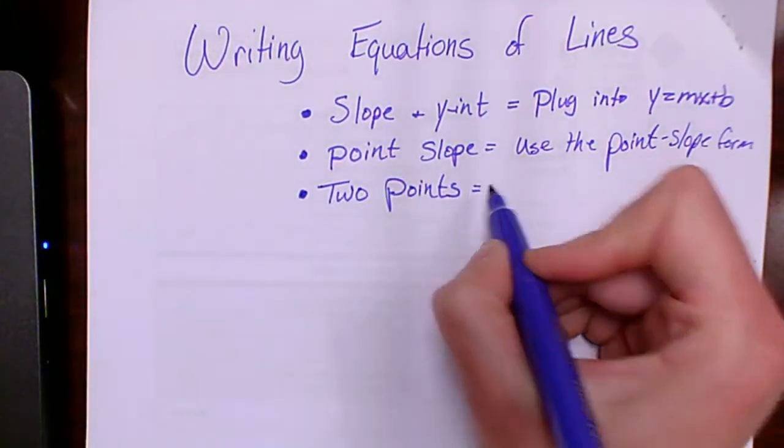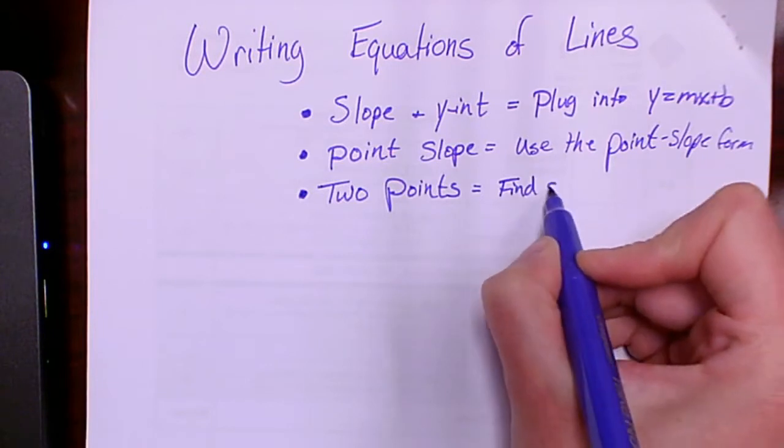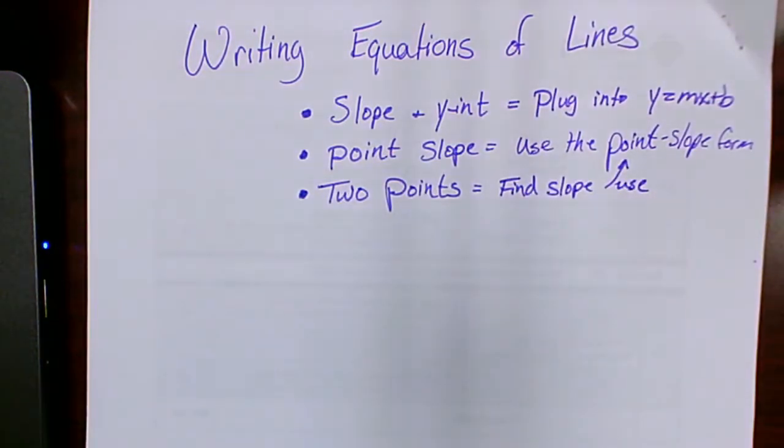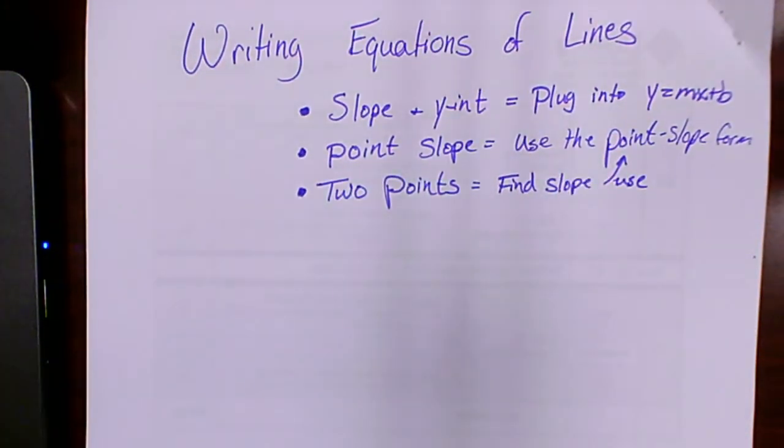Okay, so when we use 2 points, you find slope and then you use the point slope form. Because after you find the slope, you'll have one slope and 2 points. You're just going to have to use one of those points with the slope to go back up to the point slope form. So let's go ahead and begin.